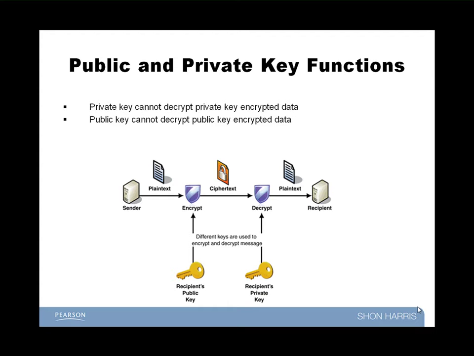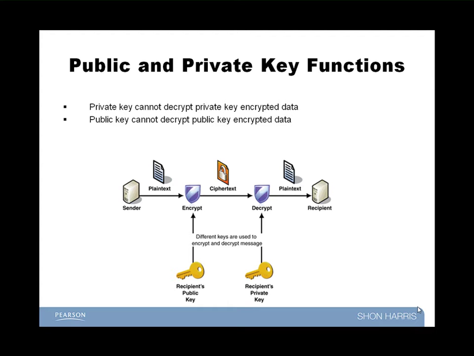So a private key cannot decrypt any data that has been encrypted by a private key. If I encrypt something with a private key, it cannot be decrypted by a private key. Because if you encrypt something with a private key, it could only be decrypted with the associated public key.